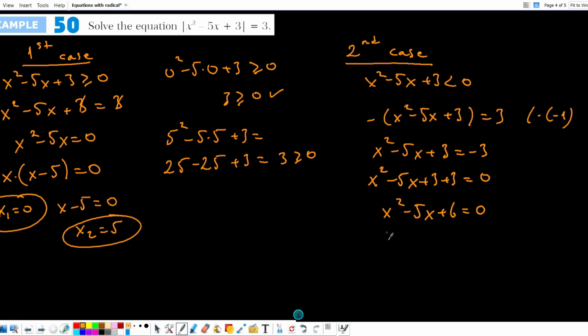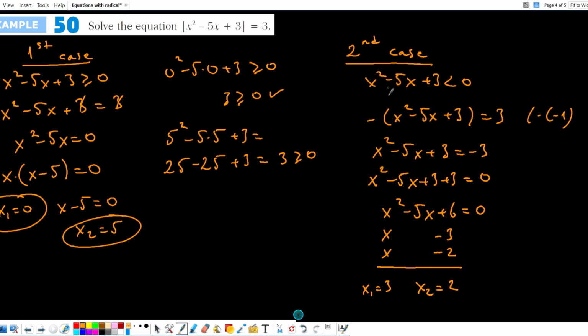Here I have a quadratic equation in standard form, so I am writing the factors of x squared and 6, which is through 2 and 3. This is plus 6. This one in the middle term is minus 5x. So both of them will be minus. And I will have x1 as 3 and x2 as 2.